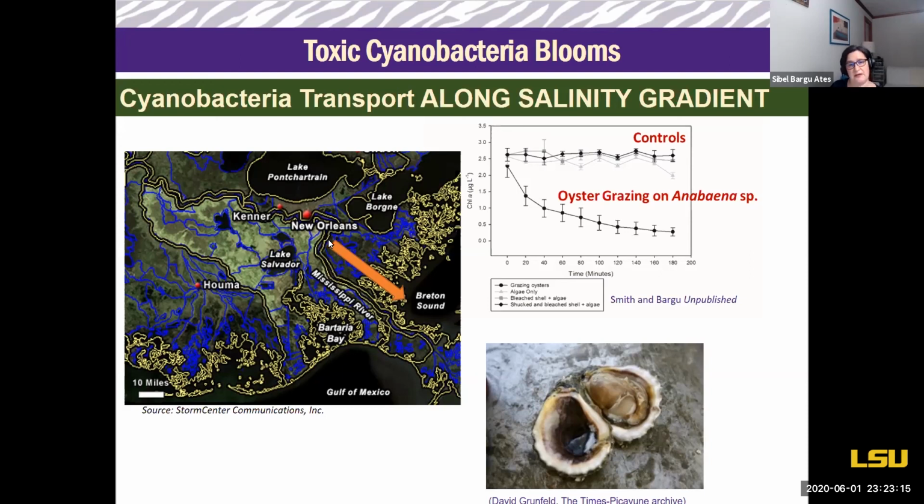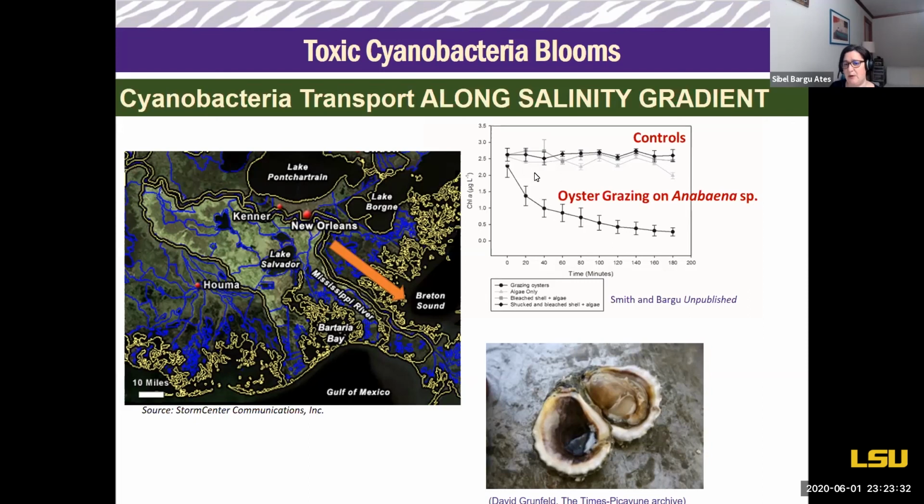However, cyanobacteria are known to be tolerant to higher salinities, so they can successfully sustain their biomass in even lower estuary areas, and they can be food for organisms like oyster.